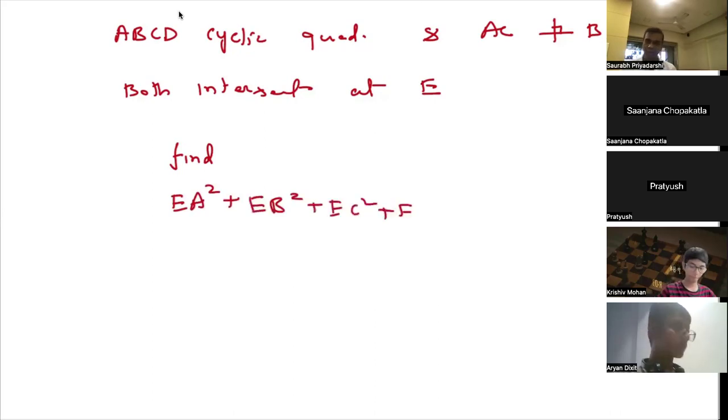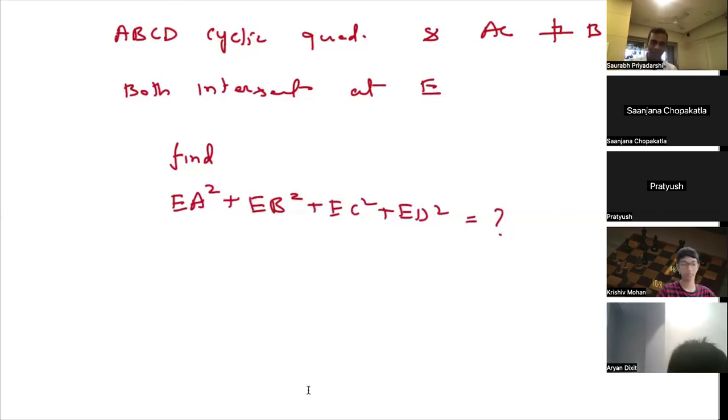Should I make it a proof or is it okay? Find gives room for cheating. The proof is also okay. What you are writing, you have to prove.